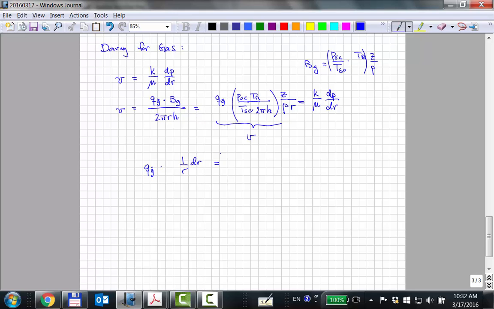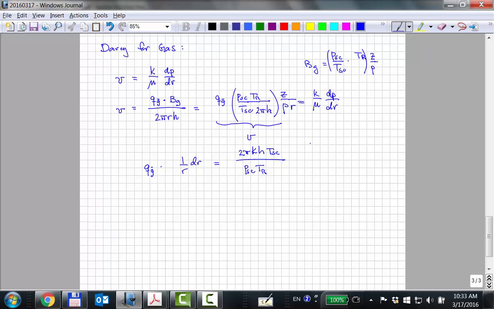We'll move all the other stuff to the other side. We've got the 2 pi kh, standard temperature, standard pressure, reservoir temperature. And then we've got viscosity over here.